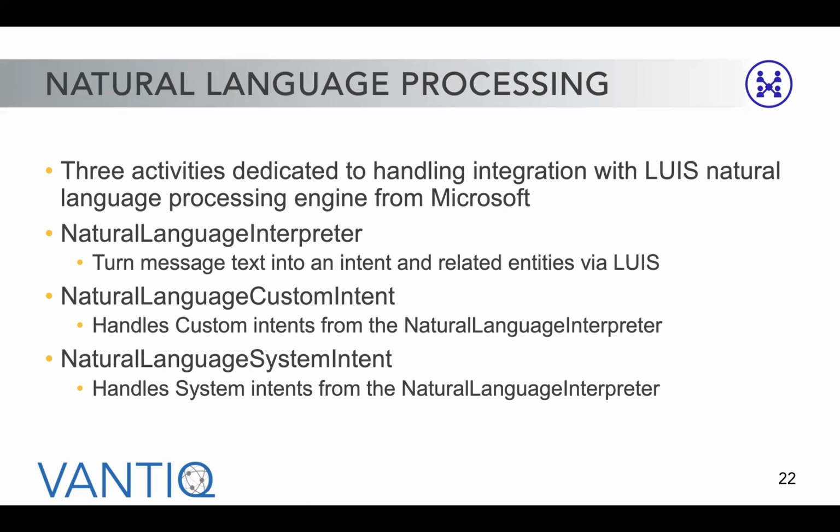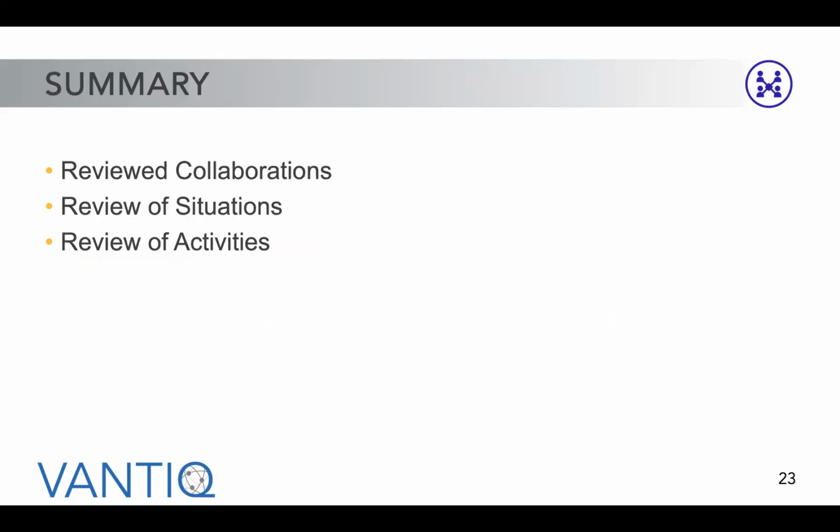Lewis interprets that the user has an intention of buying, from the location Rio de Janeiro to the location Seoul. You can even add other components, like date and time, and the Lewis service will return all of that to you in the collaboration. So you can build really cool, really advanced applications with Vantiq using that.